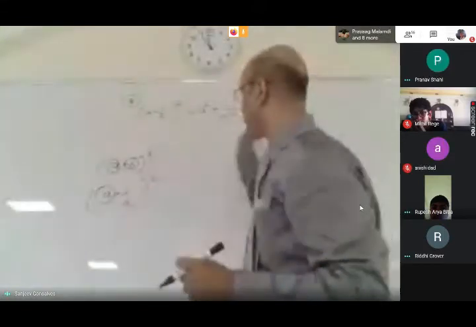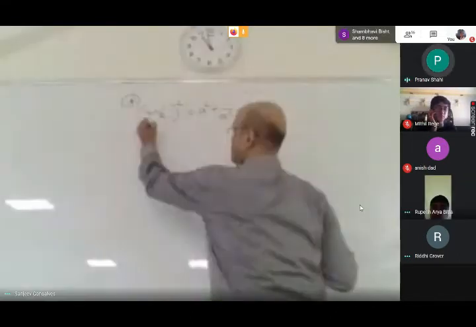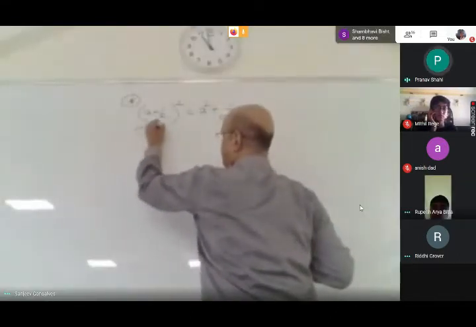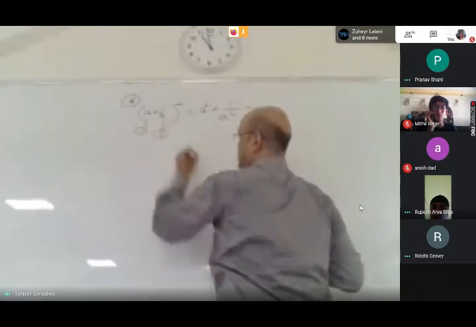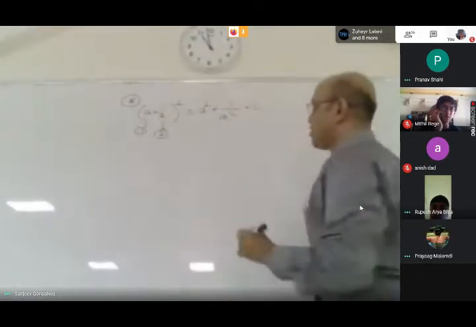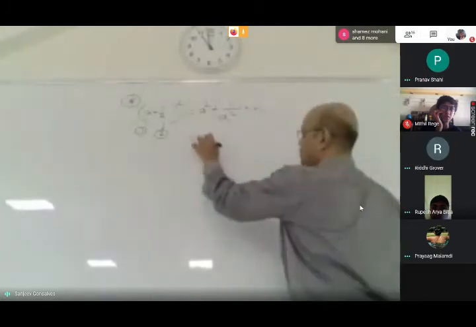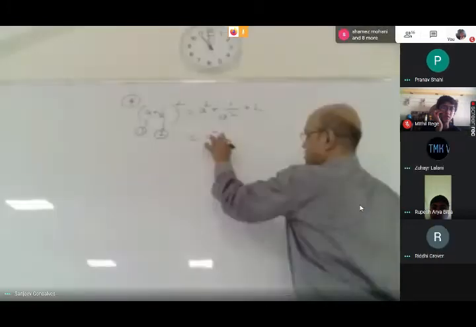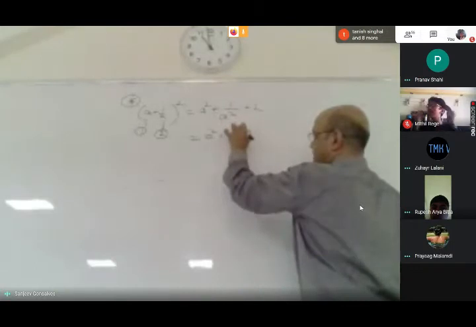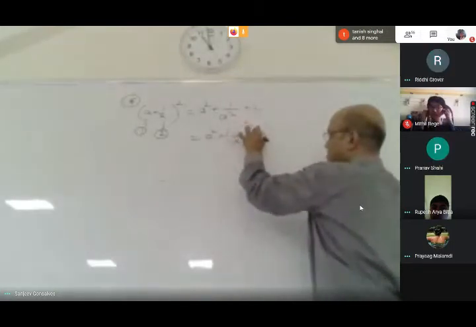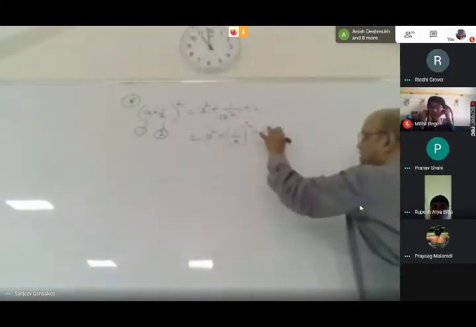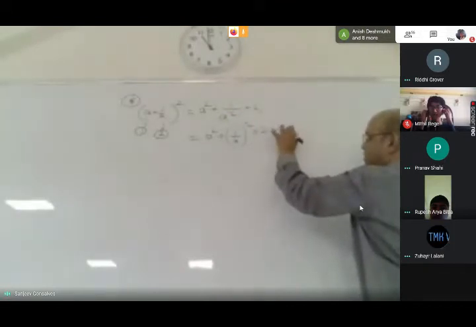They are different, so the expansion will also be different. Accordingly, what are we going to write? First term square plus second term square plus 2 multiplied by first term multiplied by second term.